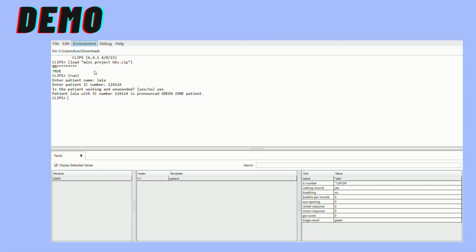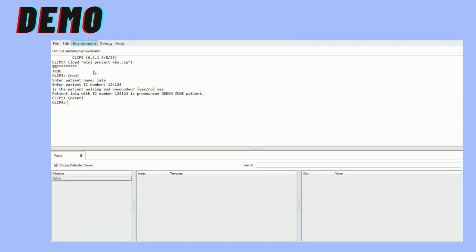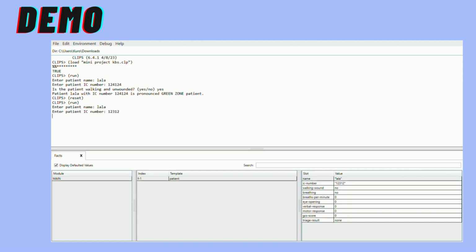And we reset. We run again. This time we try to answer no. Then it will ask, is the patient still breathing? If no, it will ask whether the airway position, breath sound, and chest movement are okay.